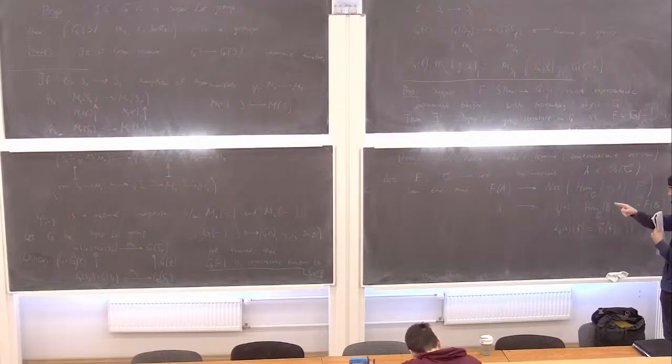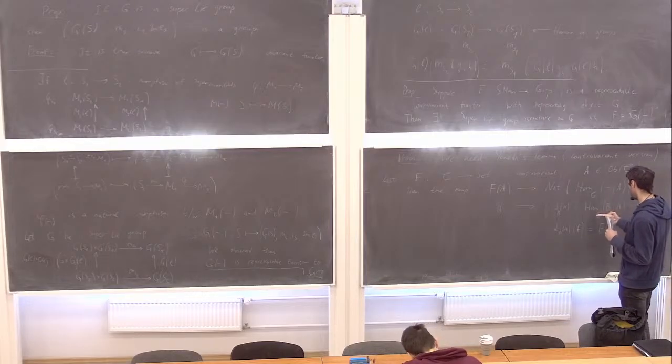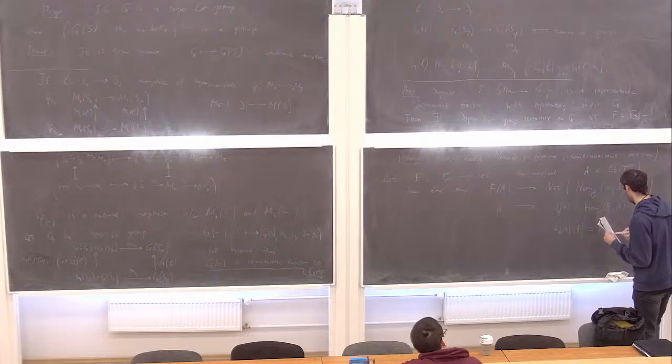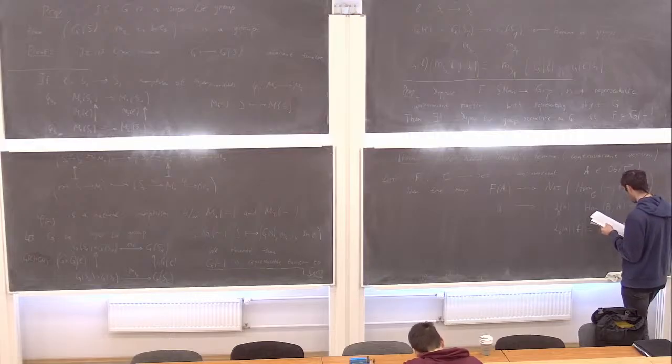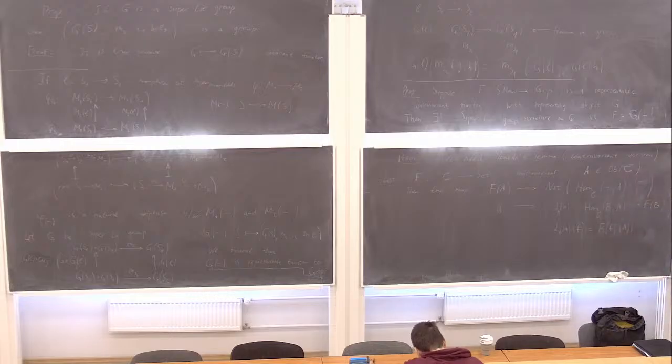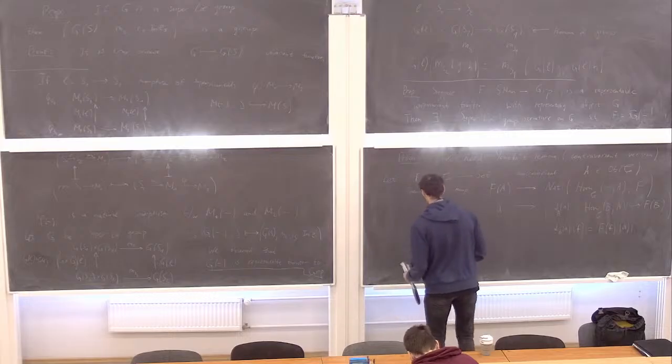So this functor F, right? So this will be just a map from F of A to F of B, right? And then I can apply this to a. And this will be really an object inside F of B. So this is the definition, right? And so the statement is that this map is injective.